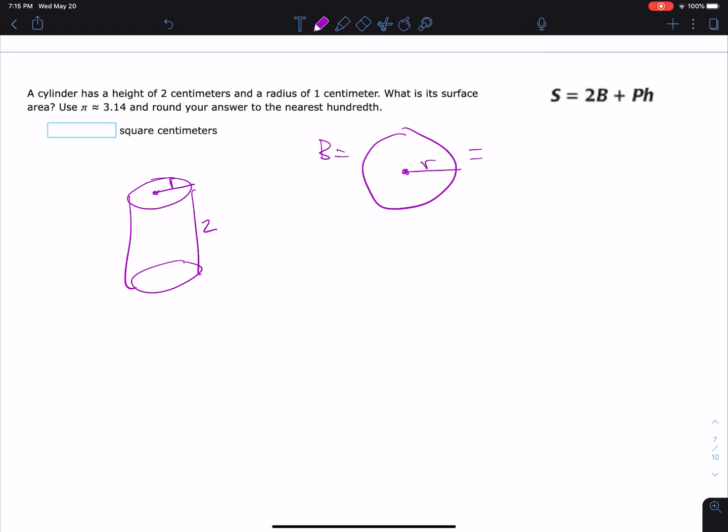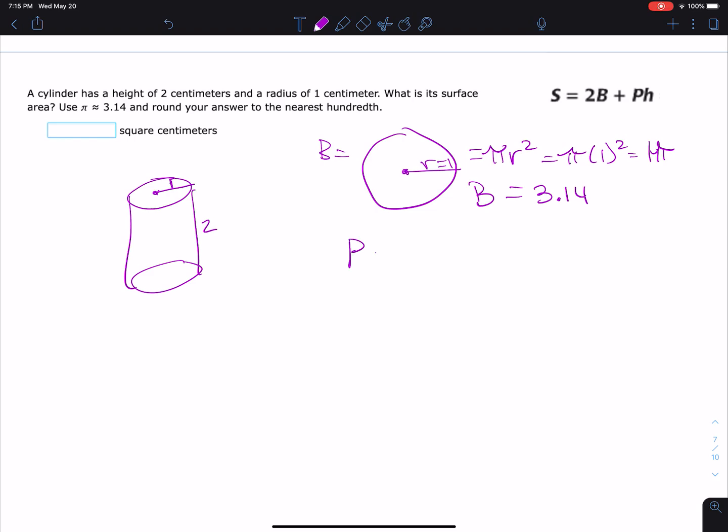So base, big B is area of the base, which would be pi r squared, which would be pi 1 squared, which is 1 pi, and they said use 3.14. So big B is 3.14 because 1 times pi is pi.